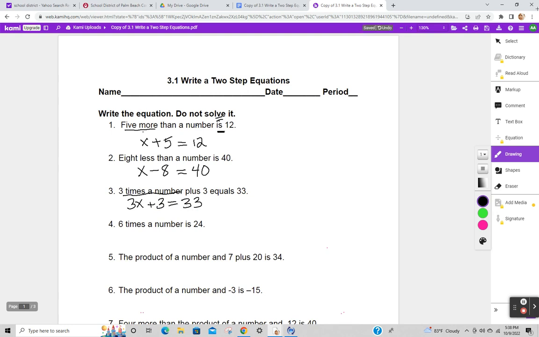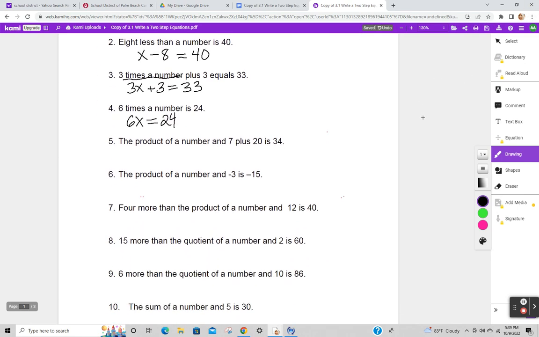All right, let's keep going. 6 times a number, that's 6x. You could use any letter that you want. I'm using X, you can use N, you can use Y, you can use M, you can use any letter that you choose. 6x is, so we need an equal sign, is 24. That's it. Some are easier than others.